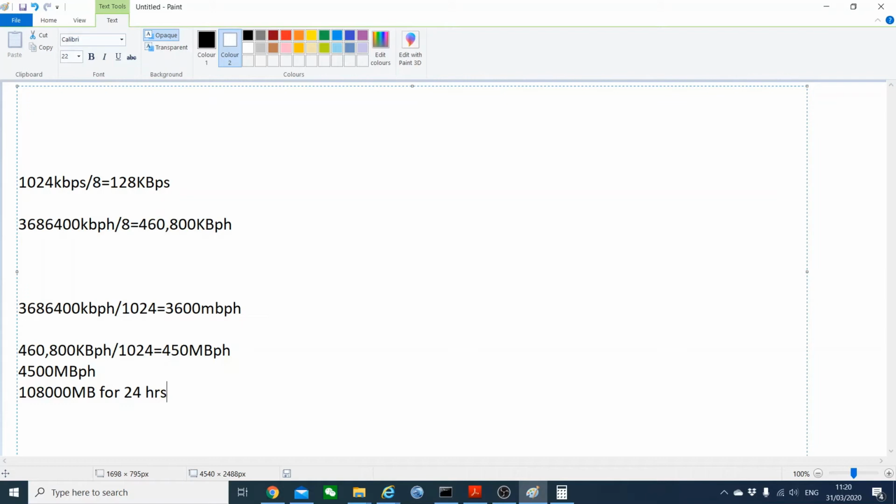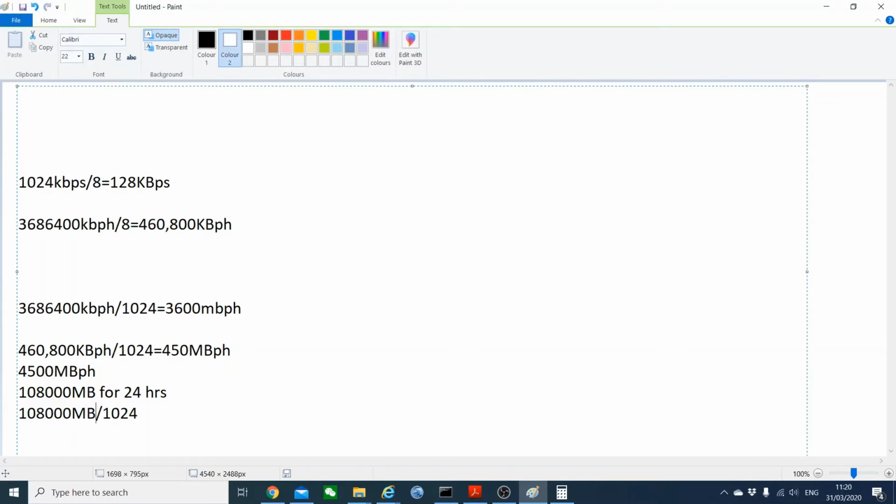Now, of course, if you want to take these megabytes and transform them into gigabytes, which is the figure that you are more familiar with, then just divide that number once again by 1024 in order for us to get that in gigabytes.